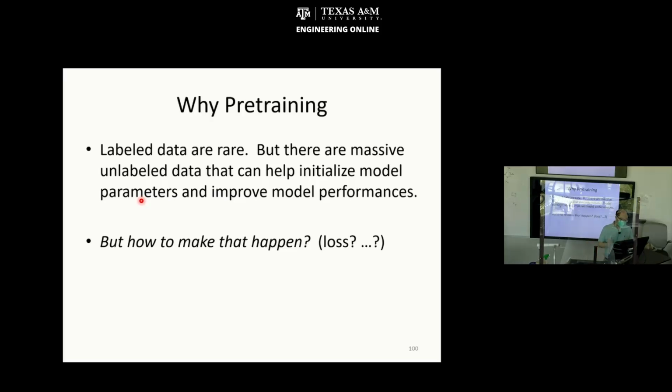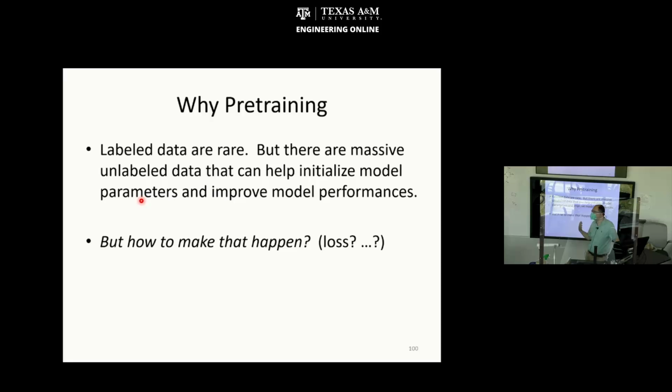But in the meantime, you have to realize that there is massive unlabeled data, okay? For instance, text without sentiment labels, without images available, or protein sequences without structures or functions. There are so many of them, many orders of magnitude more.